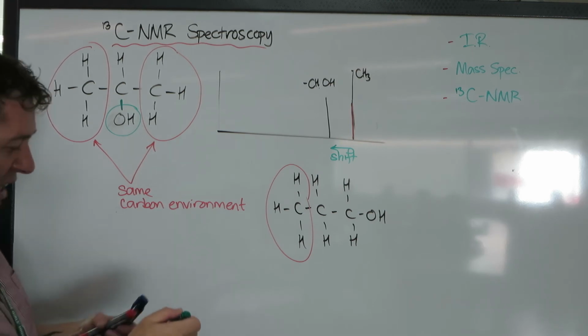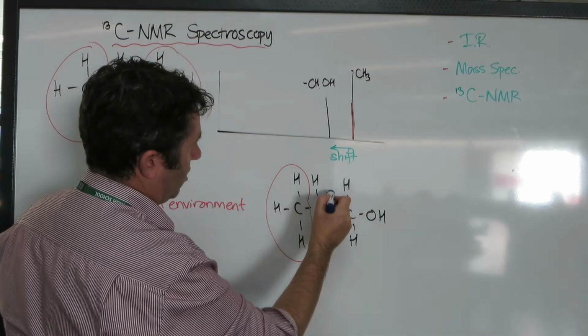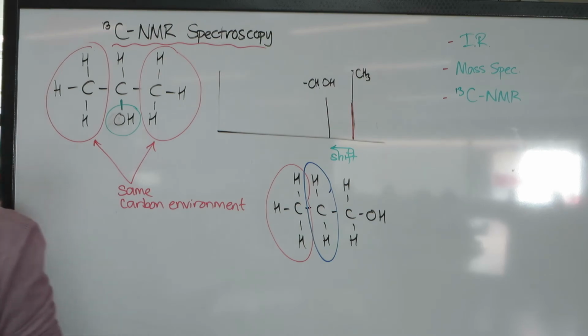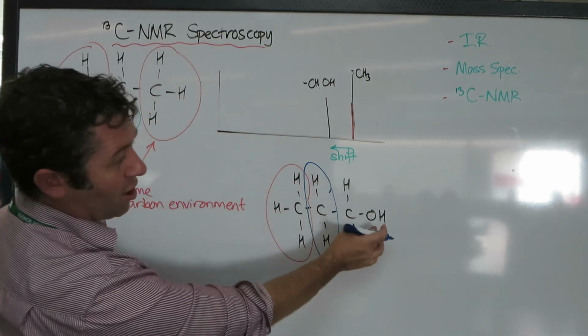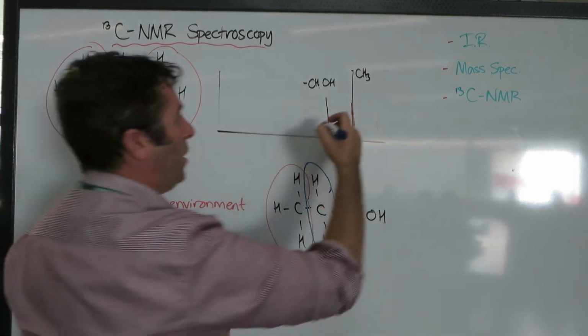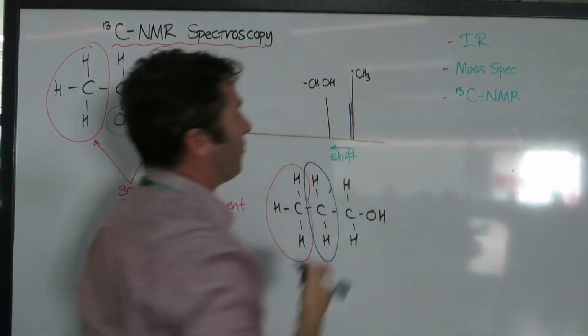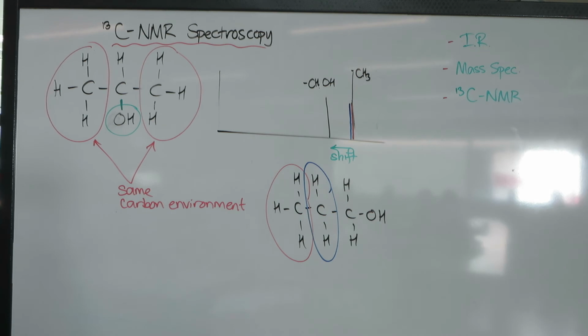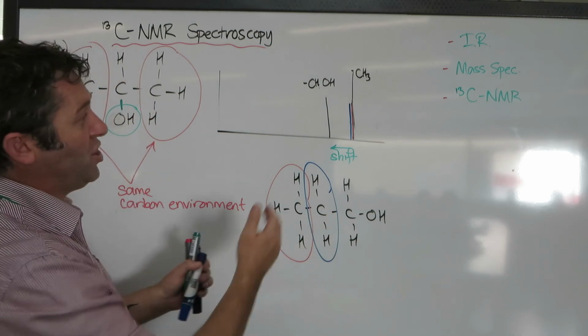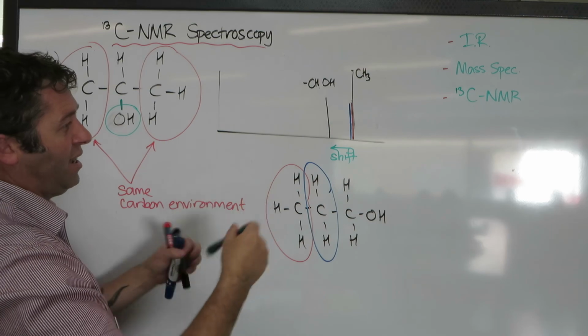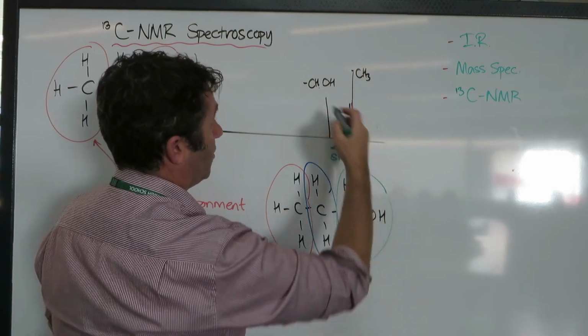I'd now have a CH2. This one here is a CH2. So because it's closer to the OH, it will be slightly shifted, but not enough for us to talk about. It'll be about the same size as the CH3 one because it's also only one carbon. And now my CH2OH would be about where we'd see this one here.